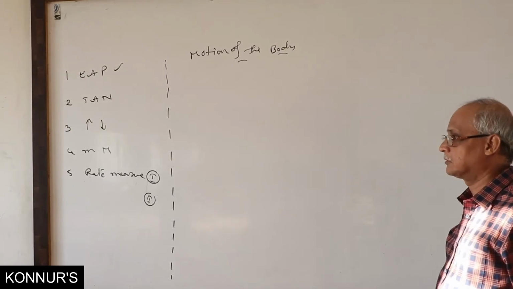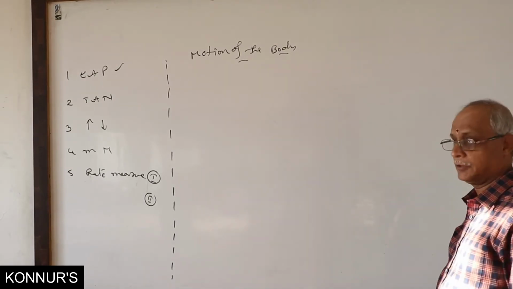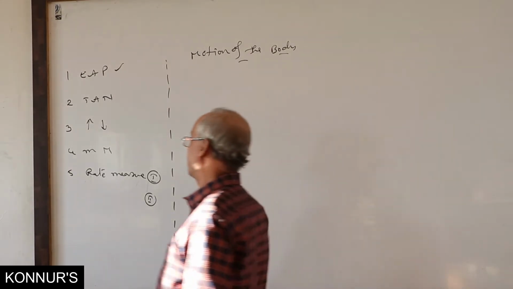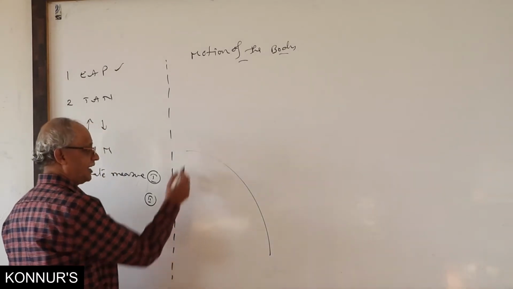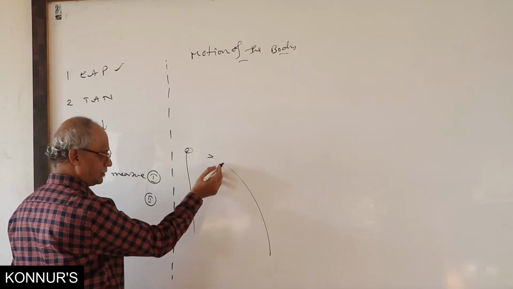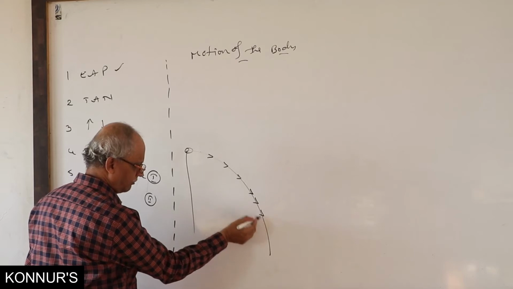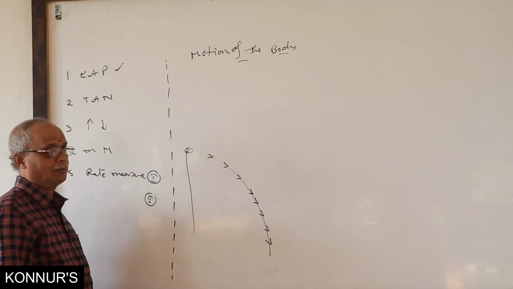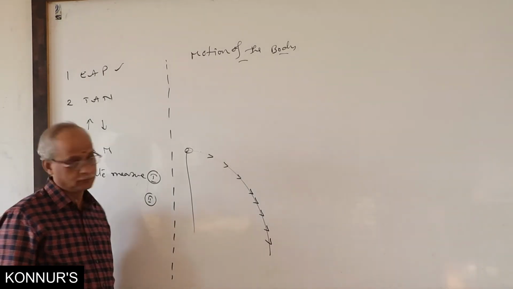How it travels: either linear motion or freely falling. Freely falling objects means projectiles. When a stone is thrown from a certain height, from here, it has to come down definitely. At every regular time interval, it changes its path. The path of the freely falling object is called a projectile.